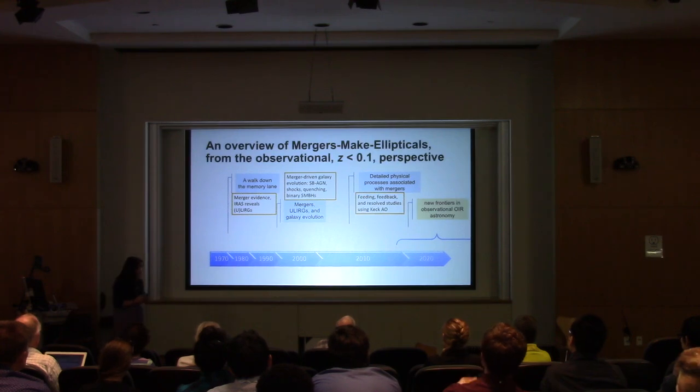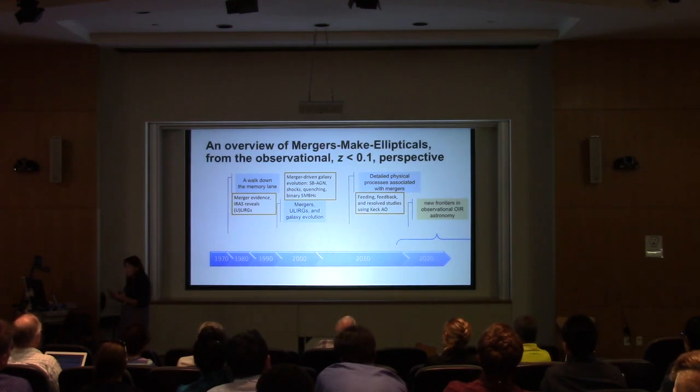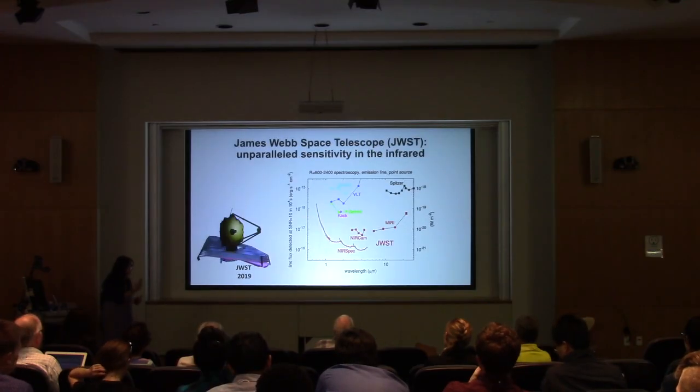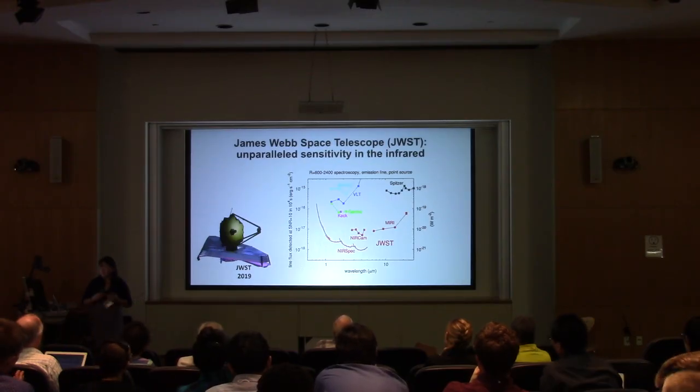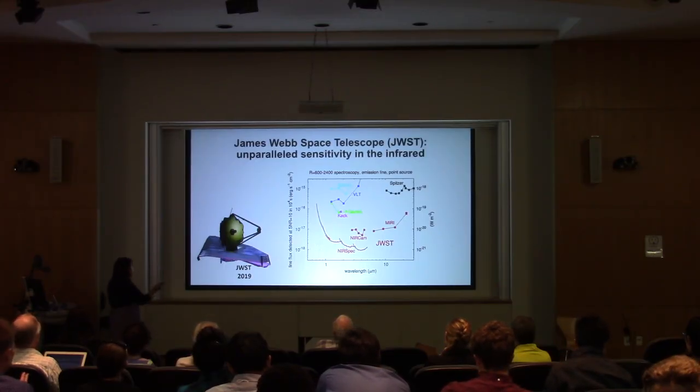So in the last few minutes, I just want to talk a little bit about what we can expect to see in the next decade or so with upcoming facilities. JWST, of course, is an awesome instrument, not just because it has mid-infrared instruments that can resolve anything, but also because it's going to have unparalleled sensitivity in the infrared.